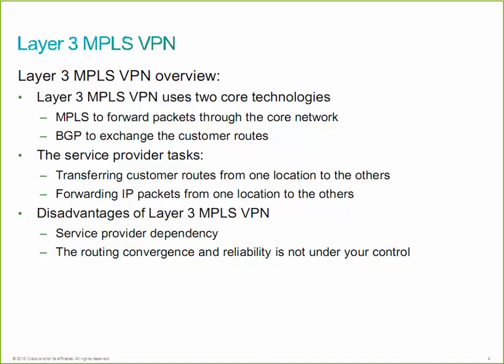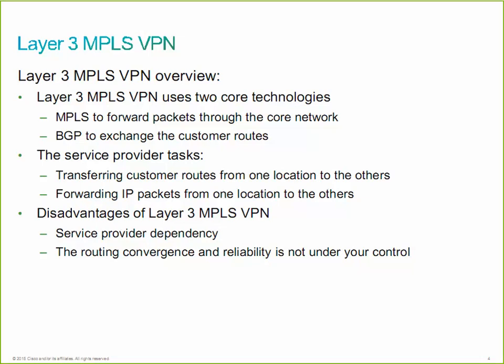Once the service provider receives the routes from the customer through that IGP, it has to transfer those routes into other locations. In other words, we have to send those routes across the service provider network so that those routes can be transferred to other locations. The challenge that the service provider has in that regard is that oftentimes customers are using private routes.